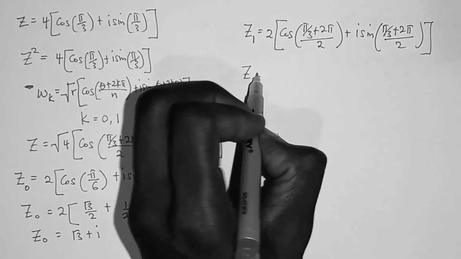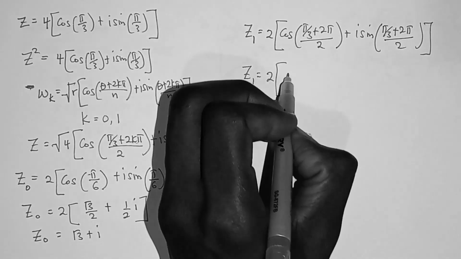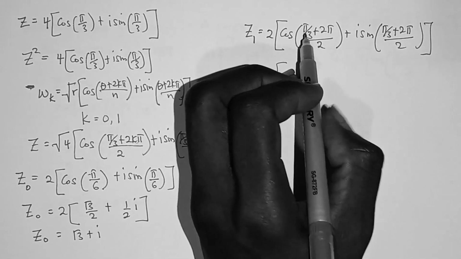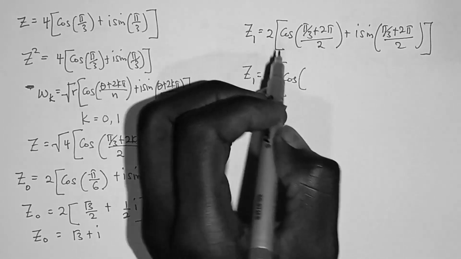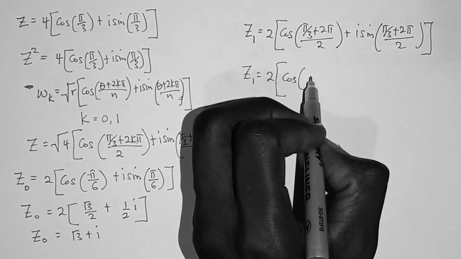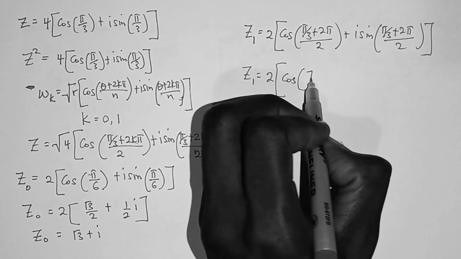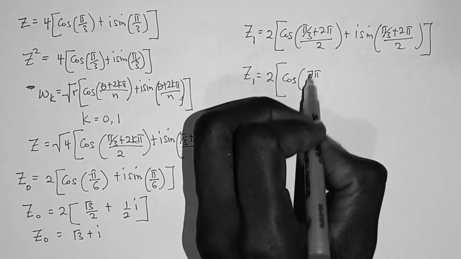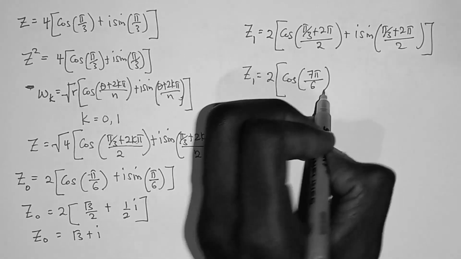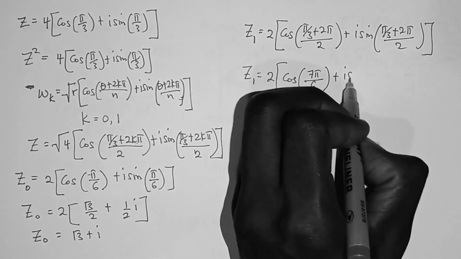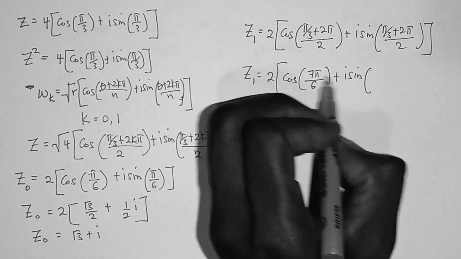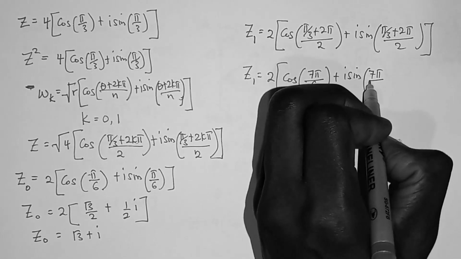So z1 is equal to 2 times cos, in brackets, pi over 3 plus 2 pi is 7 pi over 6, and plus i sine, this place will be 7 pi over 6.